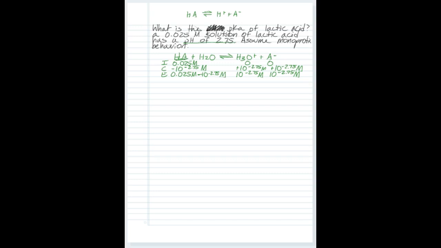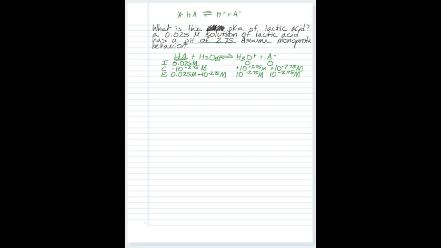And why am I ignoring water? Well, it'll be more obvious if I put the phase label there. It's a pure liquid, and so it doesn't enter into my K value at all. So I don't need a value for water, which is why using this equation up here will work just as well for you as the equation that I wrote. I just wrote the equation adding water to be a little bit more physically accurate.